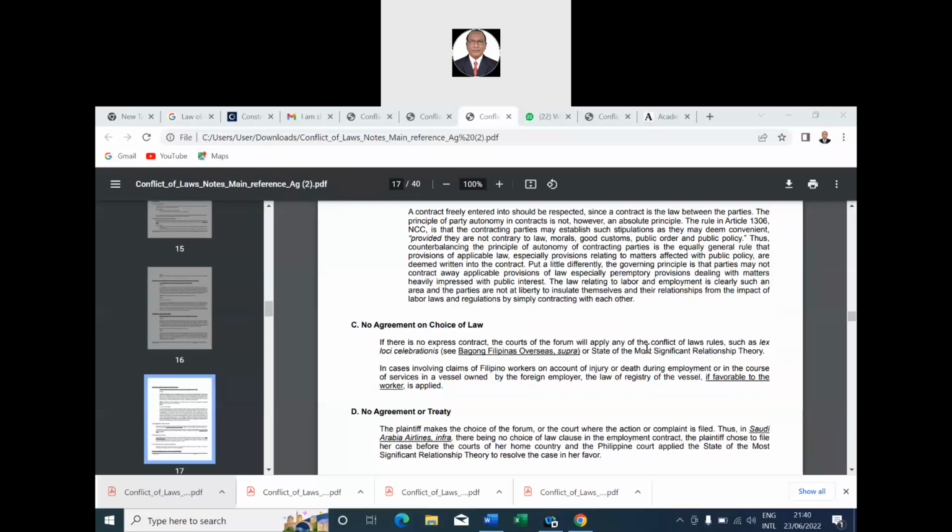In the case of a contract, lex loci contractus. In the case of a tort, they will say lex delicti. They will apply that theory. So, again, in Bangoy, Philippine Overseas versus the supra case law, the state of the most significant relationship theory will be taken into consideration. Most significant relationship theory.